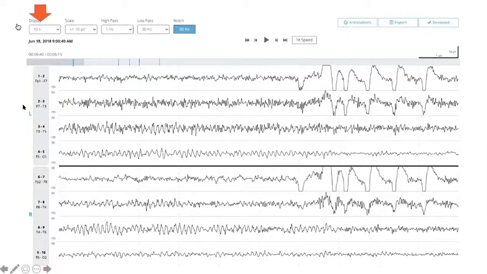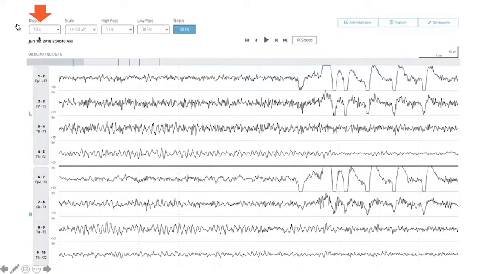And then there are certain parameters or certain tools that you have at your disposition to use, and that will definitely change the morphology of the waveforms that are displayed on the screen. One is really how you are compacting the EEG.